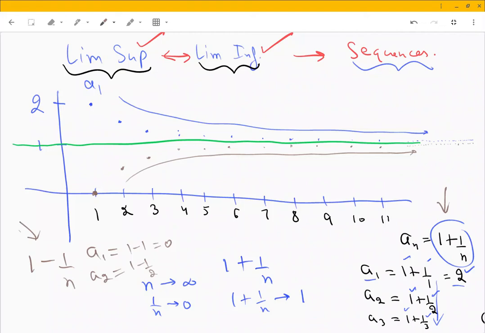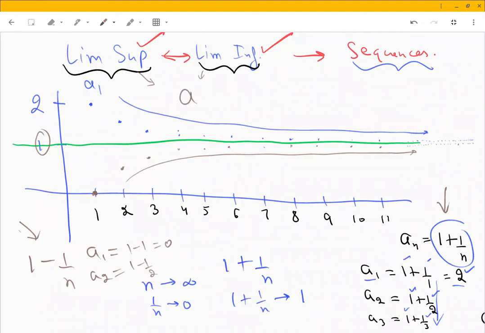Okay, yeah, but anyway, see, limit superior, limit inferior has to do with the limit point of a sequence. Now, in both these sequences, we can clearly observe that 1 is the limit point. And let's stick to one sequence first.